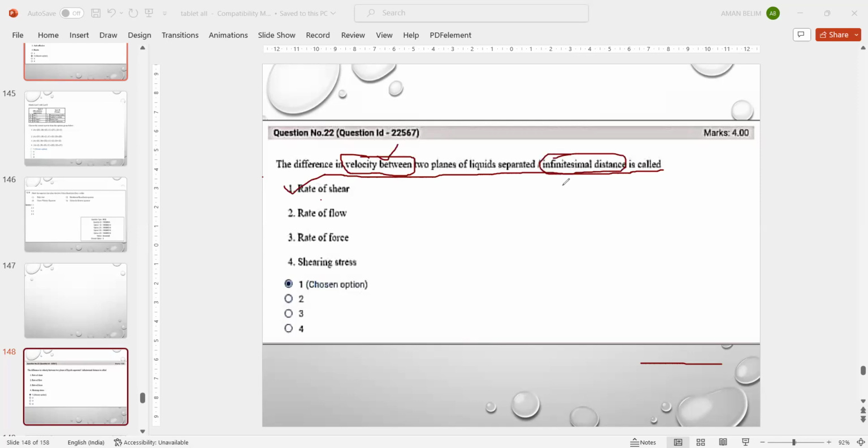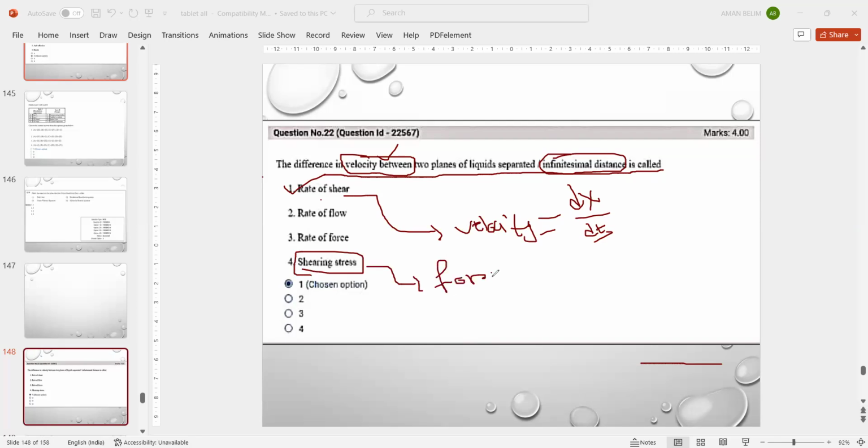That is dx by dt, the velocity upon distance. And this is a rate, right? So that is the rate of shear. And shearing stress is the force you are applying to move the particular liquid, or a solid.